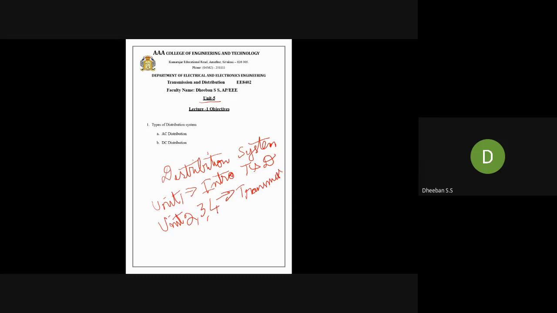Your Unit 5 is all about your distribution side. You can classify this distribution side into two types, AC distribution and then DC distribution, based upon the nature of your electrical quantity. So that's what we'll be covering today.